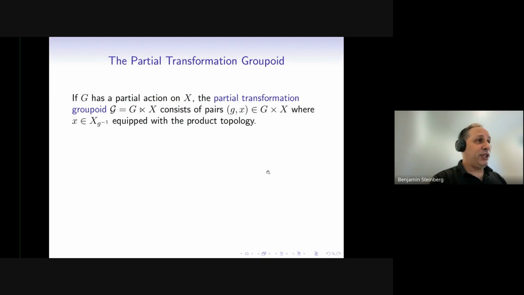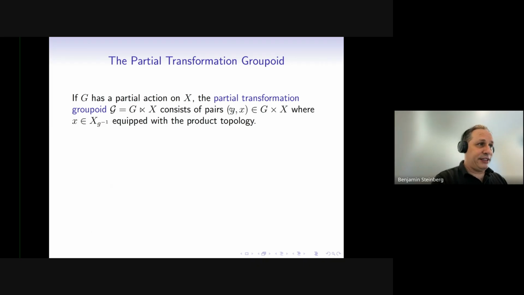So if you have a partial action, there's a transformation groupoid. It's defined like the regular transformation groupoid, except you restrict to pairs (g, x) so that x is in the domain of g, so that theta g of x makes sense. And you give this the product topology and then the subspace topology.